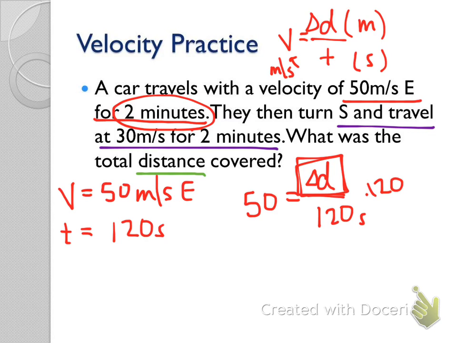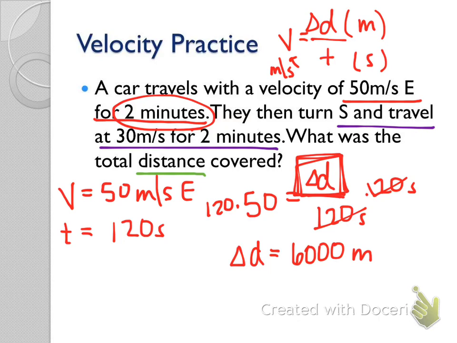Multiply each side by 120. Yeah, because we're solving for displacement and that's already in the numerator, so we're going to leave that. Change in displacement equals 6,000 meters.